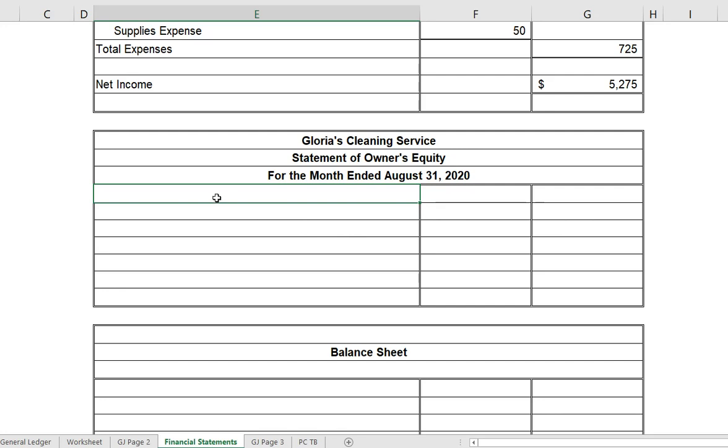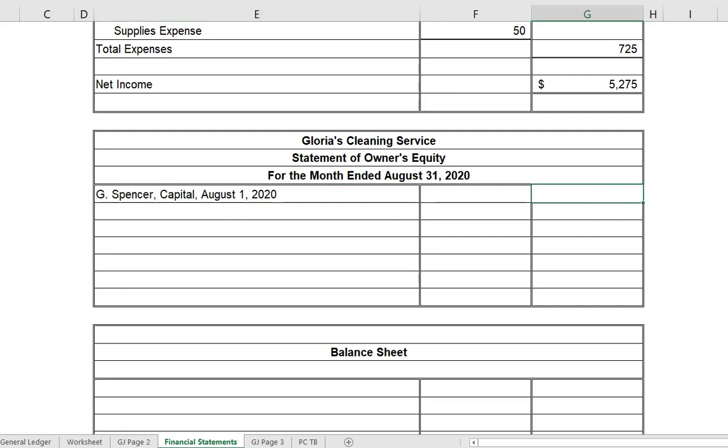So we always start with our beginning owner's equity. So it's G. Spencer, capital. And to indicate that it is the first day of the month or the beginning owner's capital, we put August 1, 2020. That indicates that it is the beginning of the month.